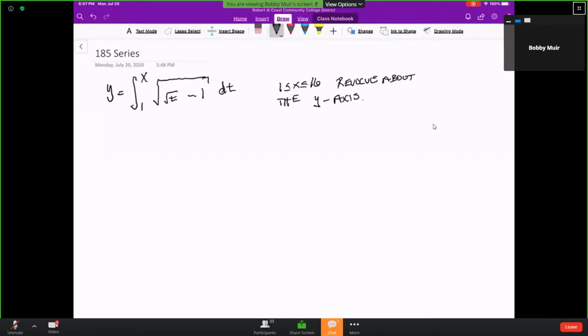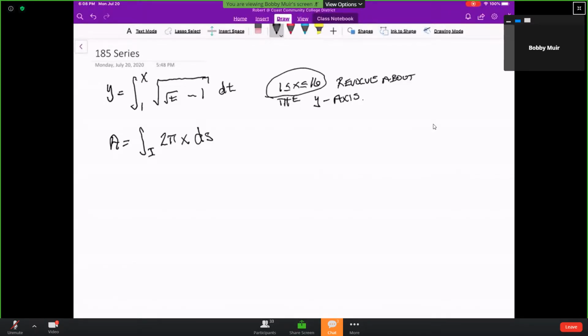Now the confusion, I think, came in with what you're supposed to do. So the formula for the area is the integral over some interval of 2 pi, and then when you go around the y-axis, it's the opposite letter, ds. The bounds that they gave us are right here, 1 to 16.